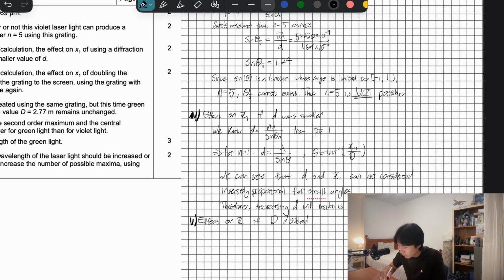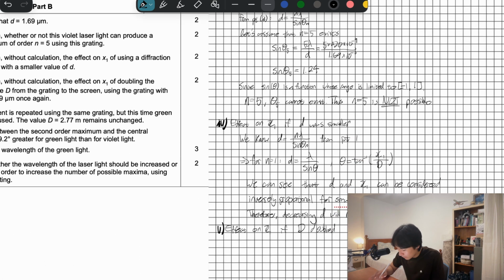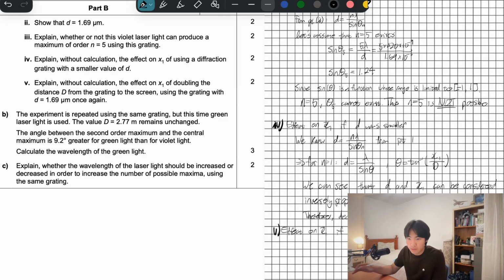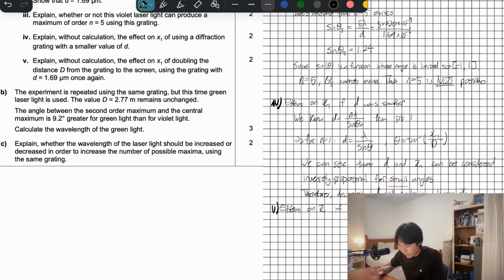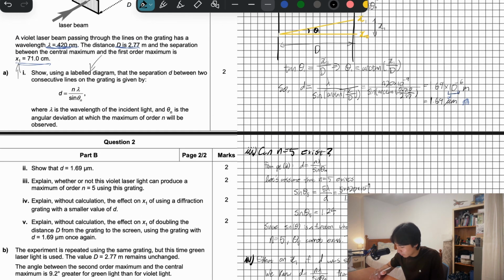So we know the relation, if it's the same angle. Oh yeah, just simple.